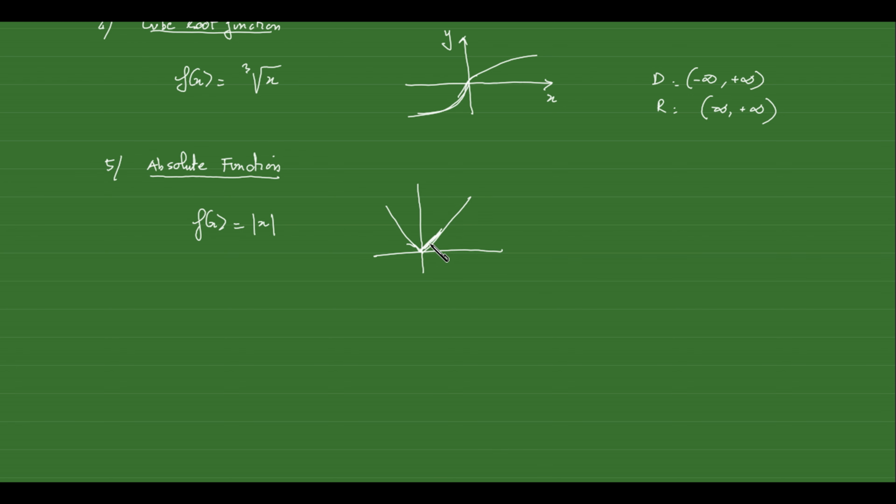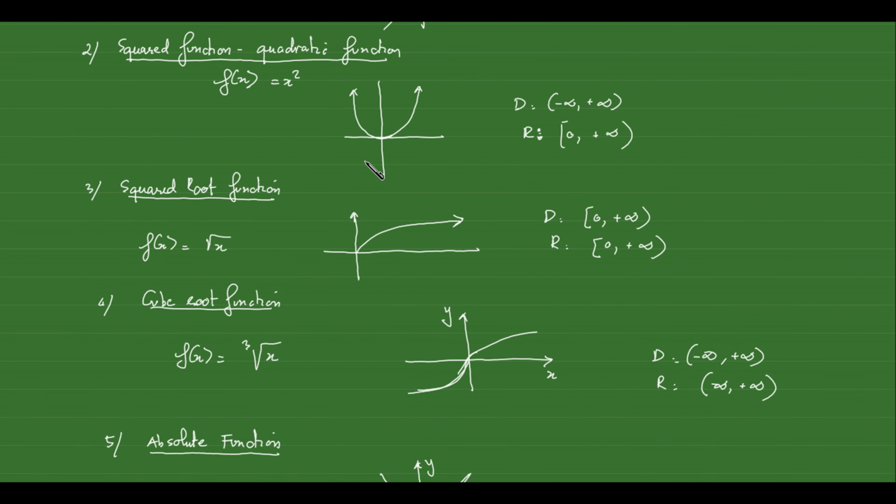This is x and this is y, and we know right away the domain will go from negative infinity to positive infinity, and the range starts from 0, since the absolute value of 0 is still 0, so 0 to positive infinity. It's very easy.